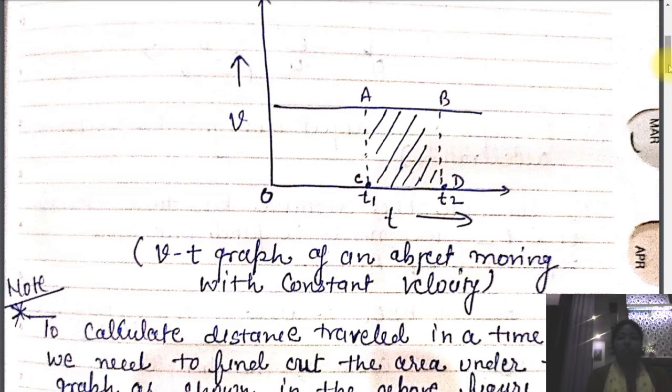Now, if from the velocity-time graph we want to calculate how much distance an object travels during its journey or during a time interval, how will we calculate the value of the distance by using the graph?